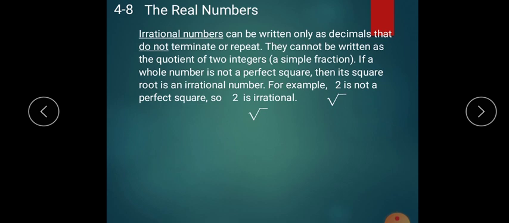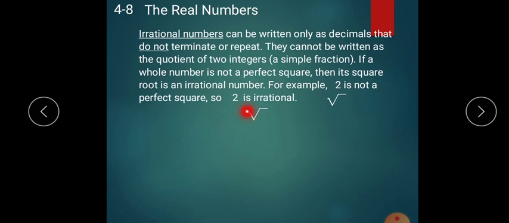So a number which cannot be expressed in the form of rational numbers is called an irrational number. Irrational numbers, if we write them in decimal form, will neither terminate nor repeat.